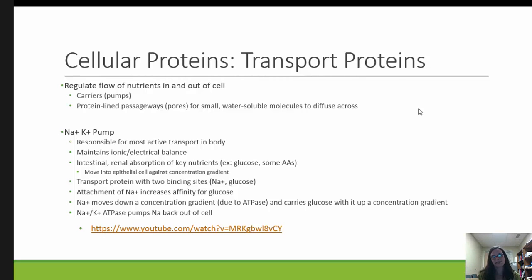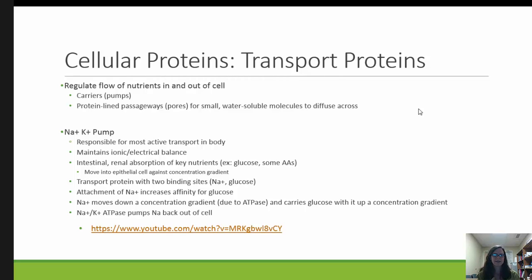But in some instances, we need to move it from areas of low concentration to higher concentration. So in these instances, we need a method of doing that. In order to move against a concentration gradient, we need a pump. And in most cases, again, we'll see this throughout the semester, we're going to use a sodium-potassium pump, okay?